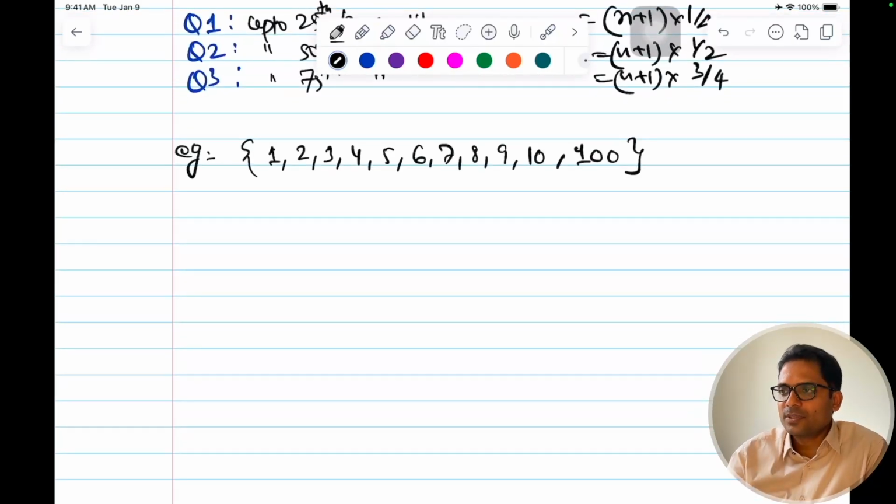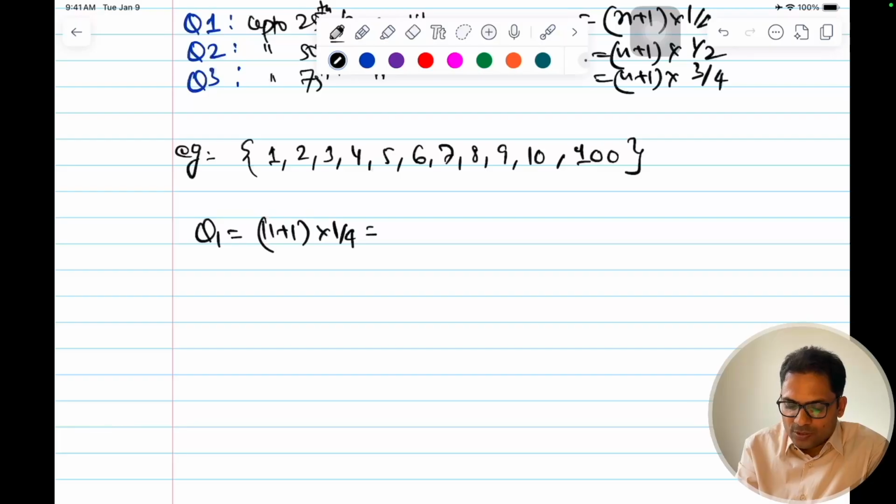So what will be my first quartile? Q1 will be equal to, how many data points are there? 10 plus 1, 11, so n plus 1 will be 11 plus 1, into 1 by 4. That is 12 by 4, which is equal to 3. So this is my Q1. Q2 will be 12 by 2, which is 6.